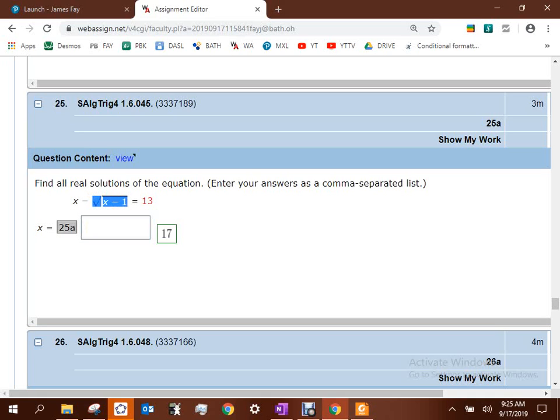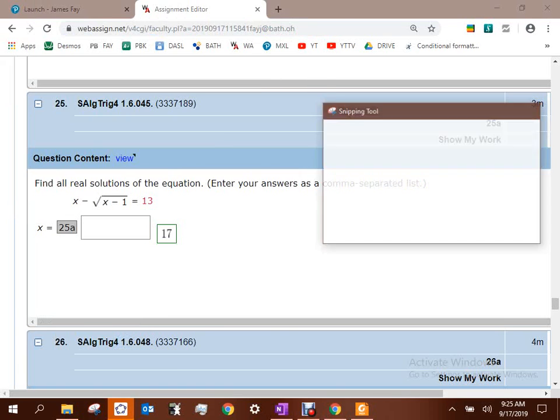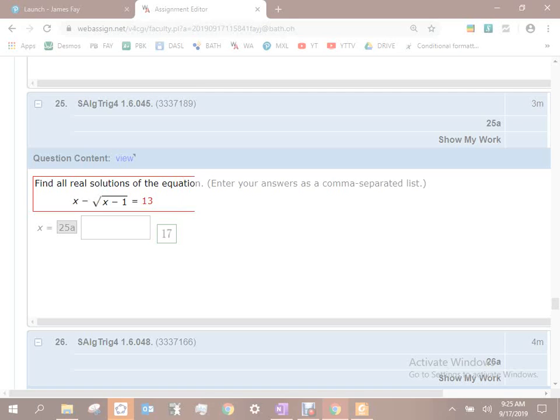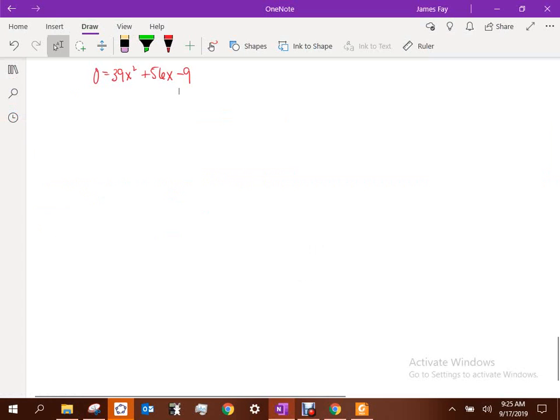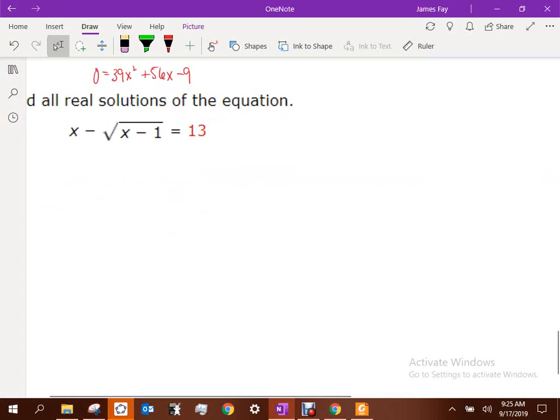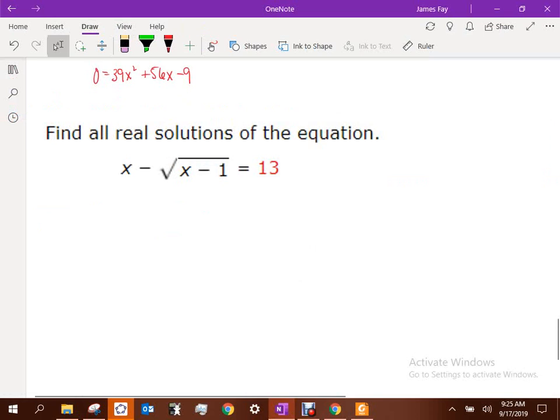Can you just add that, like, negative side, negative side of the way? That's what I was thinking. Yeah, so you can. I wish I could write on this screen, but I can't, so I have to cut and paste it. So you can rewrite this as x equals 13 plus root x minus 1.